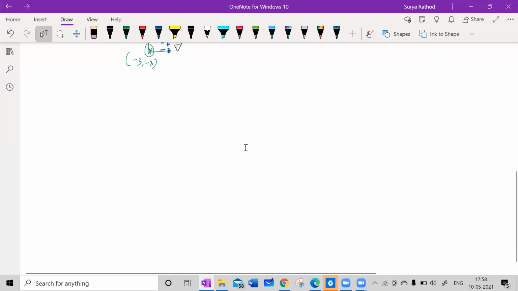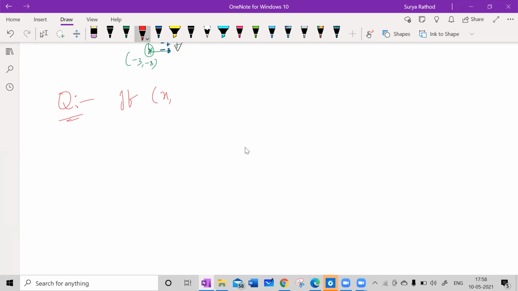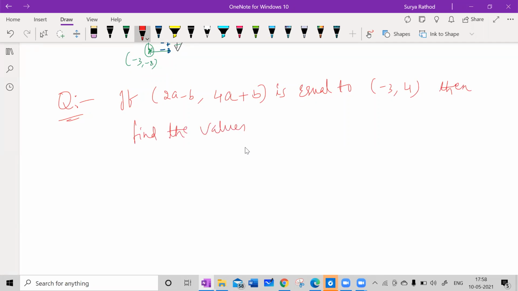Now I'll give a simple question. Look at this here. If (x, y), that is (2a minus b, 4a plus b), is equal to (minus 3, 4), then find the values of a and b.